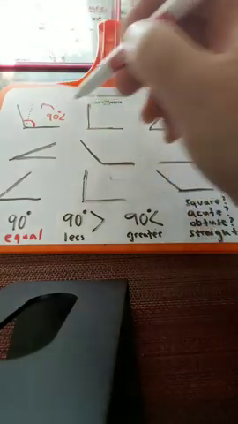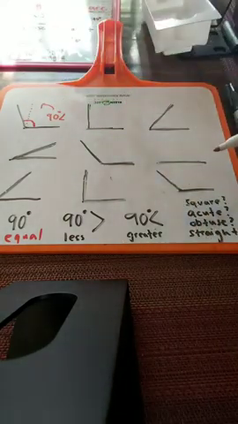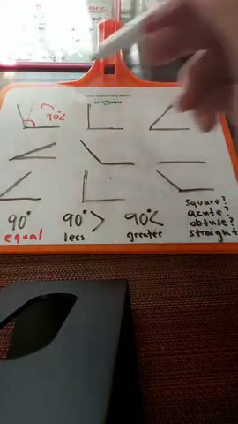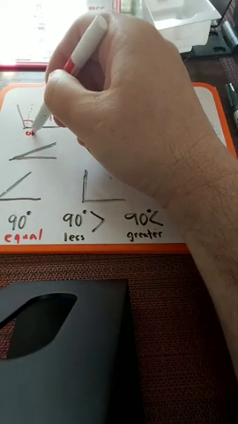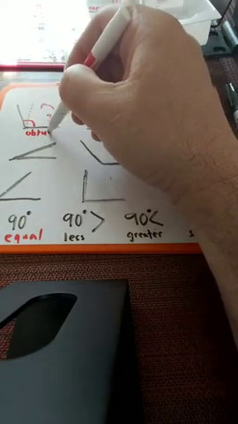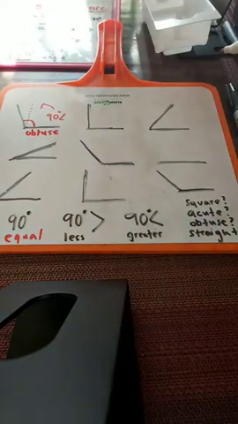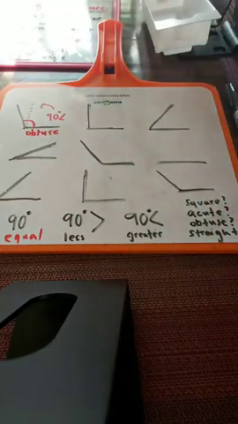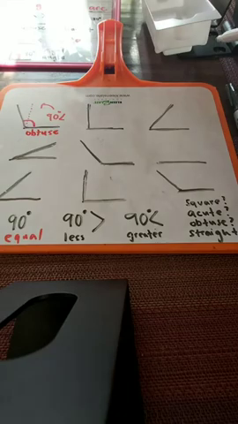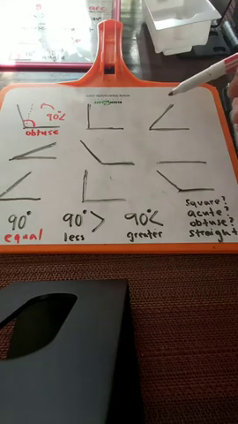All right, and this type of angle, because it's larger than or bigger than 90 degrees, is going to be obtuse. All right, because anytime that the square is falling away from square, getting bigger to counterclockwise, it's going to be obtuse.